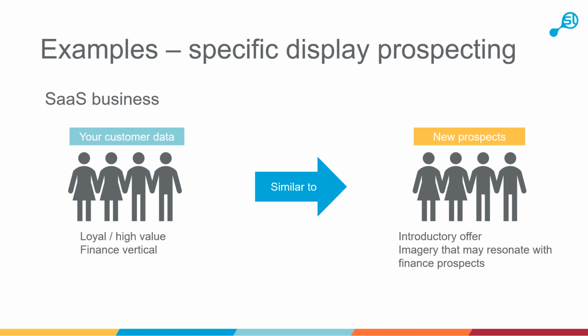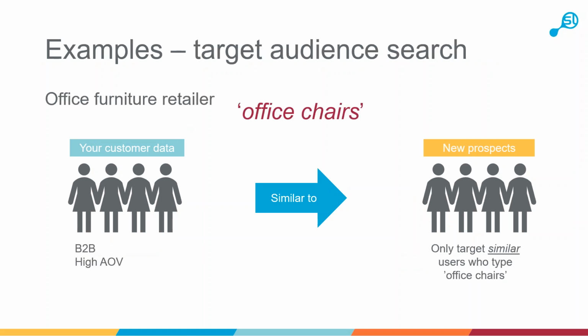We also might want to, because we know that these look like people who are in the finance vertical, serve them imagery which might resonate with the finance prospects. So we can actually do that with a similar audience.